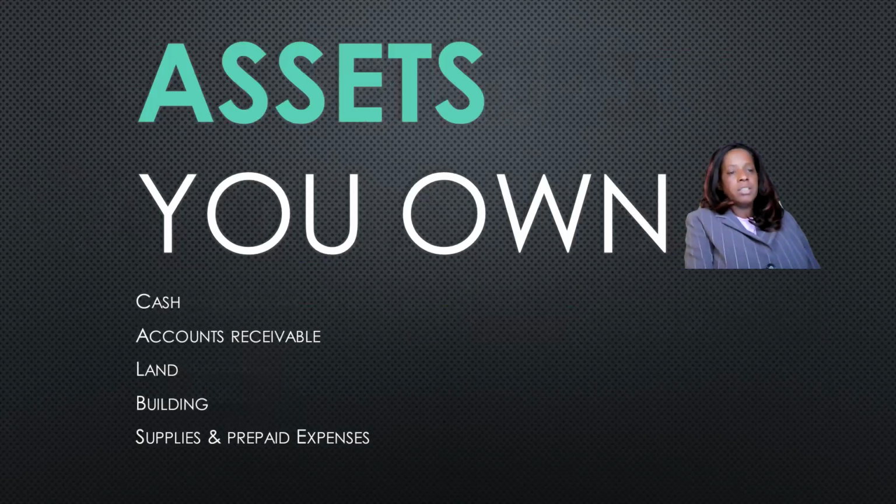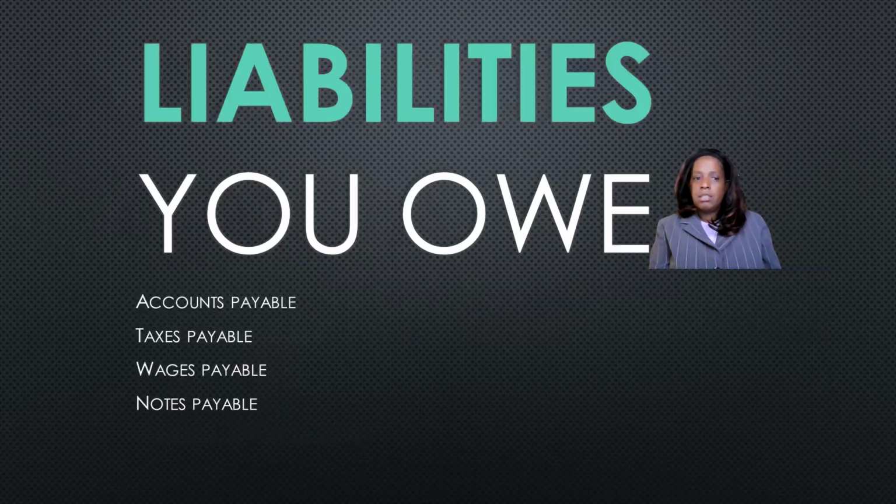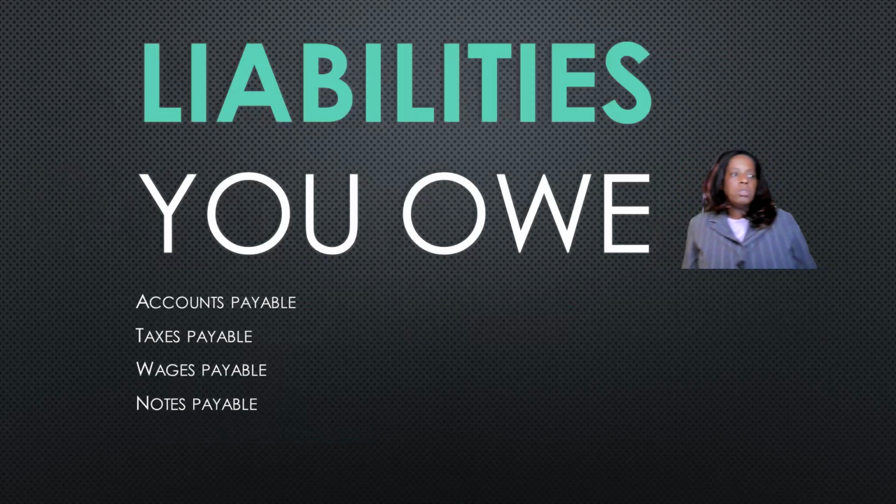So let's go on and look at liabilities. We talked a little bit about liabilities. What are liabilities? What you owe. Now we're going to look at some of the things that you may owe. Accounts payable. What is accounts payable?